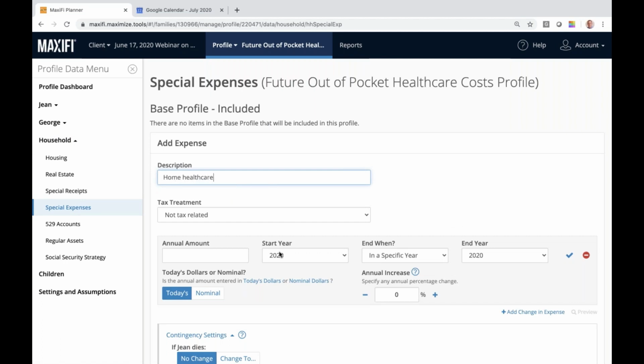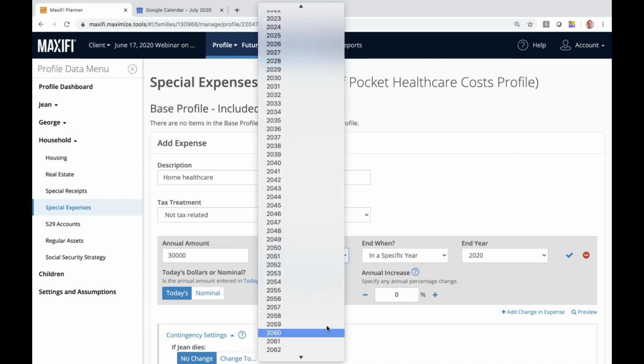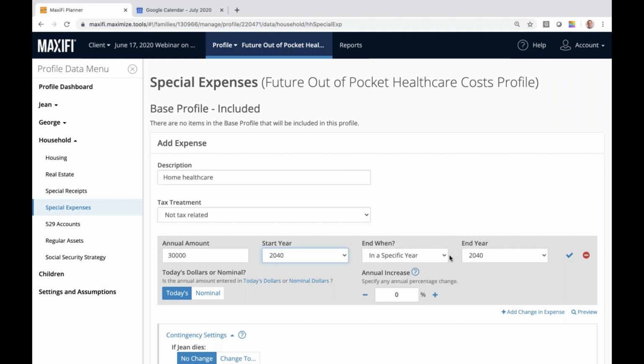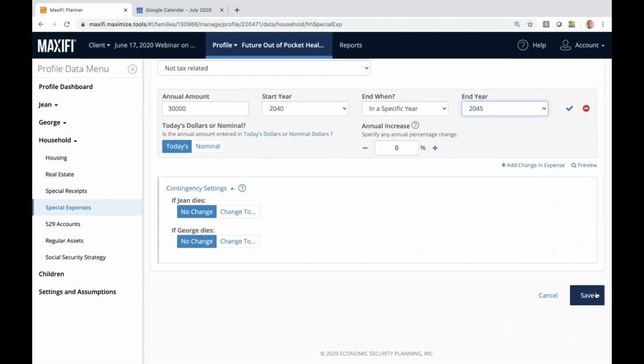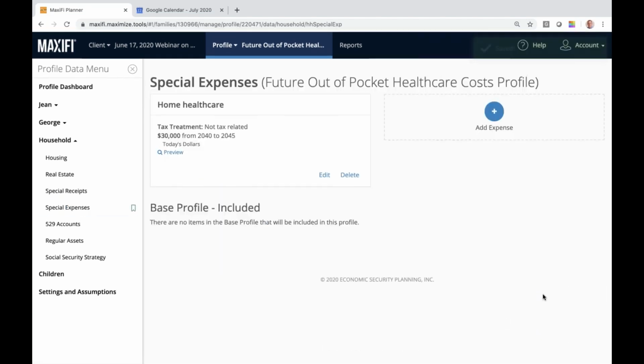It wouldn't be tax related, and maybe it's going to be $30,000 a year, starting in 2040. The end year is going to be, let's say, maybe it's like a 5-year expenditure. Now you're set to run it. All you do is click save, and bingo, you're all set to run the profile.